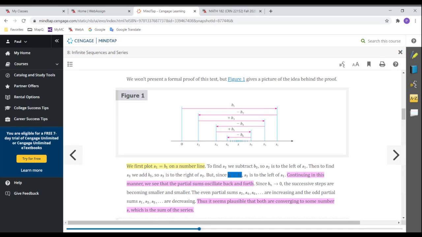The oscillating is due to the terms switching from positive to negative, but because the terms are getting smaller and smaller, the partial sums converge to the true sum, and that's why that works.